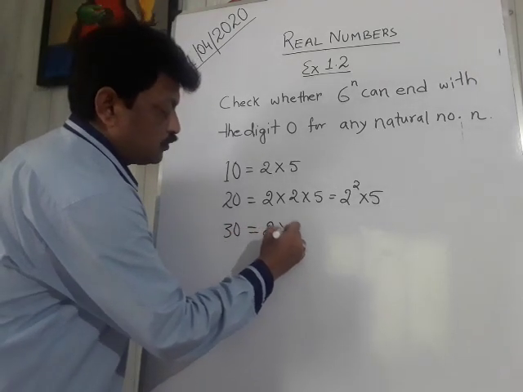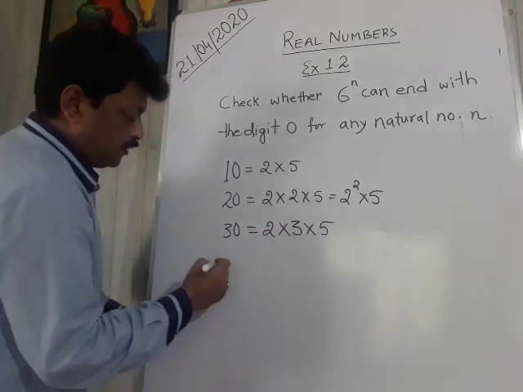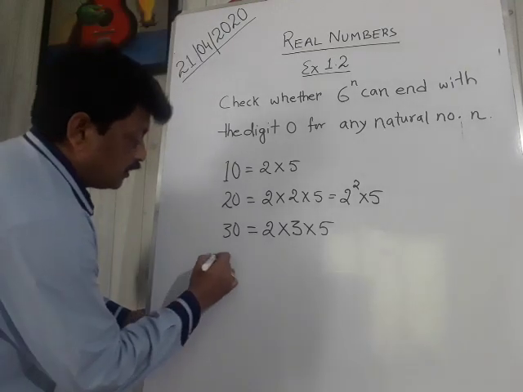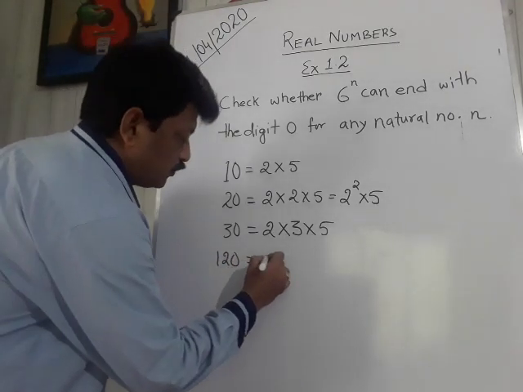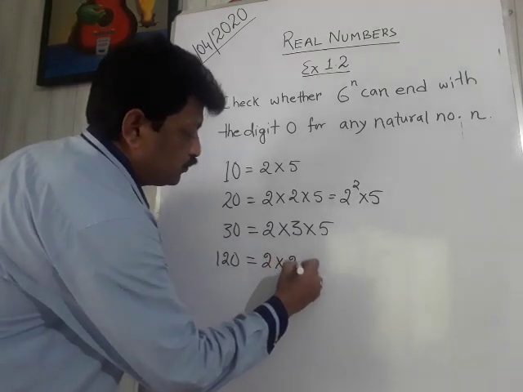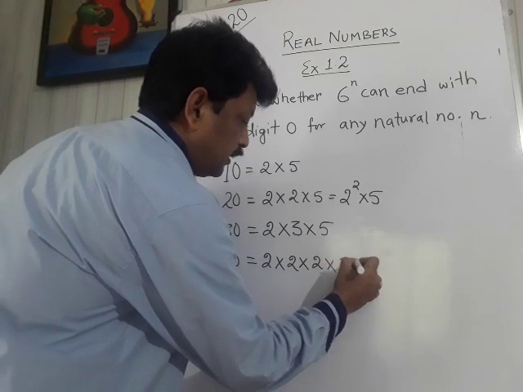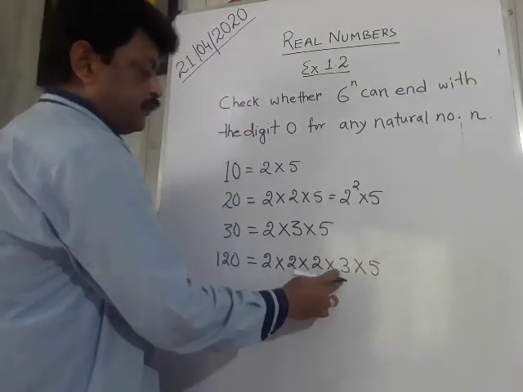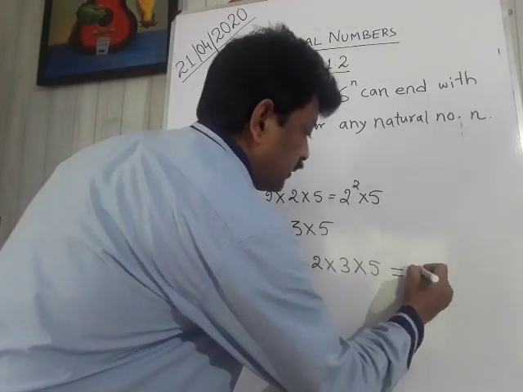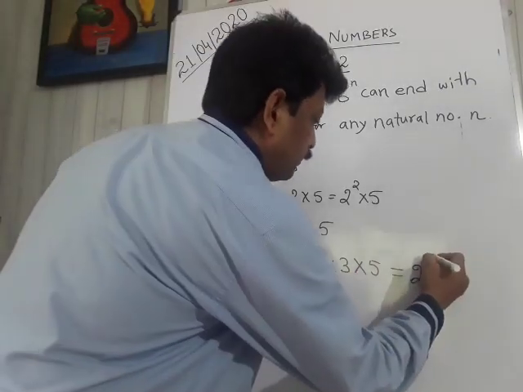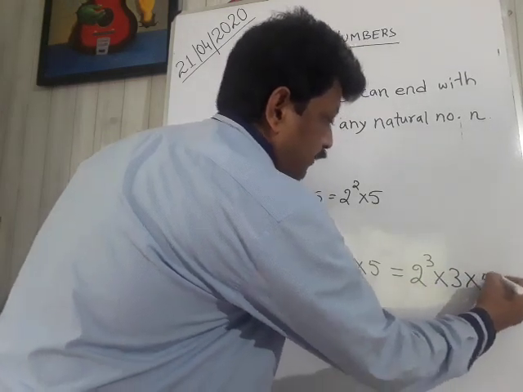So it is 2 multiplied by 3 multiplied by 5. Let me take a bigger number like 120. So it is 2 into 2 into 2 into 3 into 5, that can also be written as 2 cube into 3 into 5.